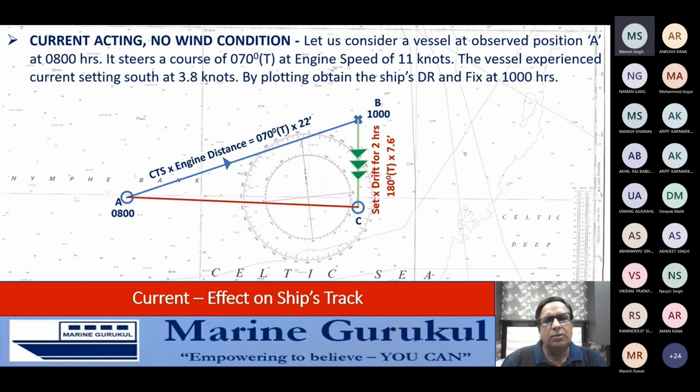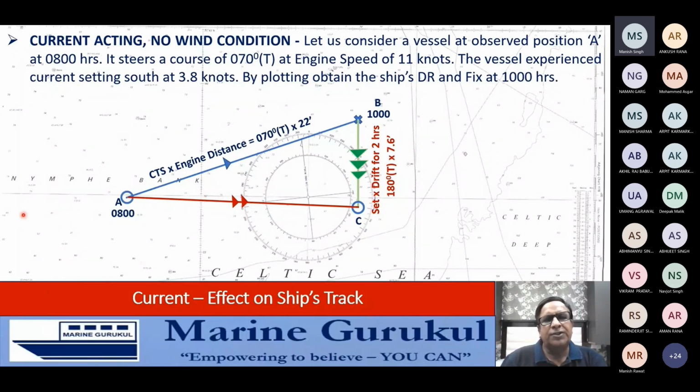This track over the ground we refer to as course made good as its direction and distance made good as its magnitude. It's represented by 2 arrows. So now in chart work, the CTS vector is represented by 1 arrow, the current vector is represented by 3 arrows, and the course made good vector is represented by 2 arrows.